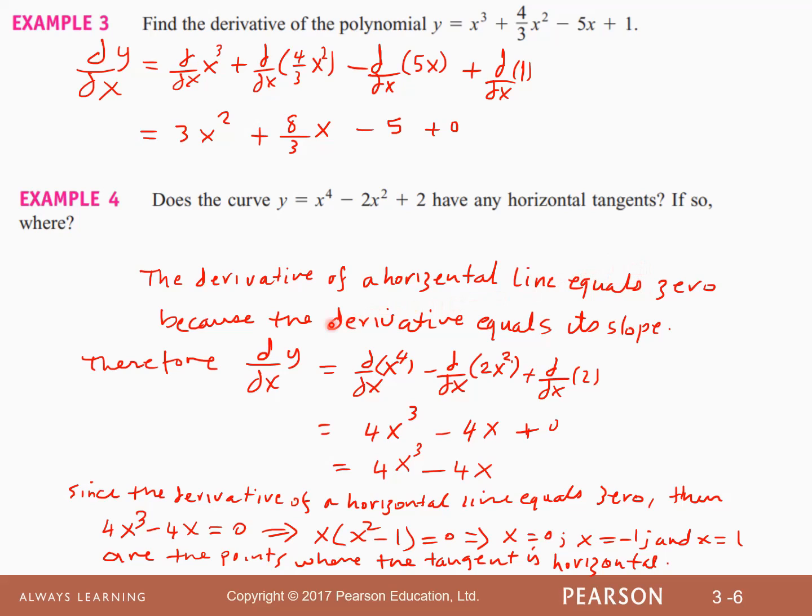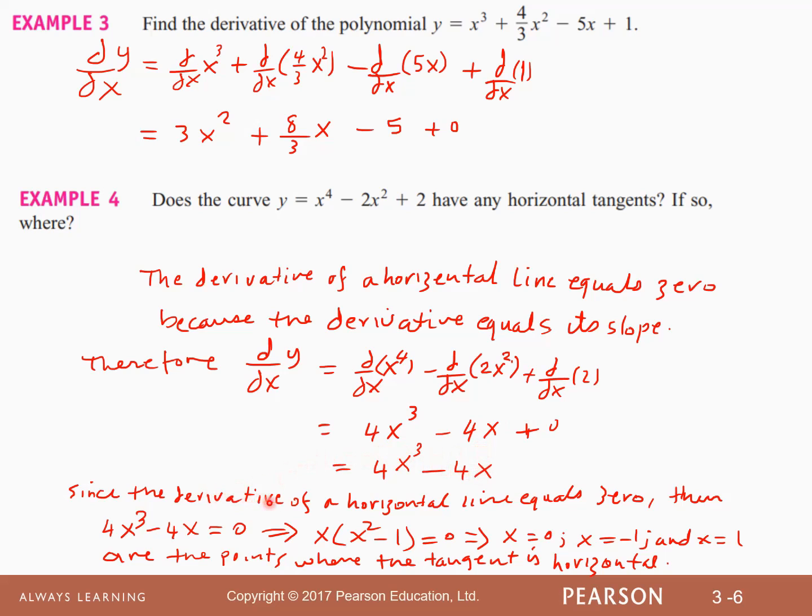So because the derivative equals its slope, dy by dx is equal to d by dx of x to the power 4 minus d by dx of 2x squared plus d by dx of 2. And we can do the derivative, so there will be 4x to the power 3 minus 4x to the power 1 plus 0, which is equal to 4x to the power 3 minus 4x to the power 1.